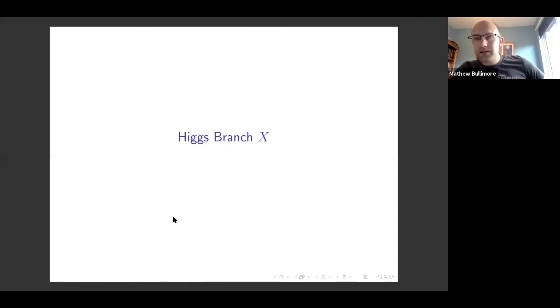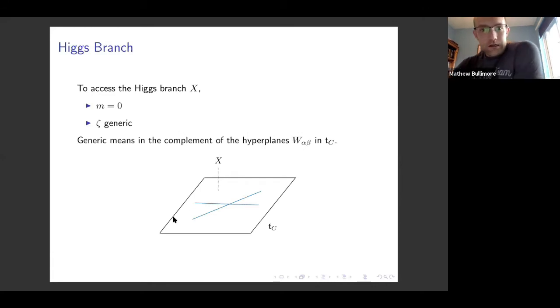Okay, so I'm going to discuss the moduli spaces in turn. So I'm going to begin with the easy one, which is the Higgs branch. Okay, so when do we have a Higgs branch? Well, to get that, we need to set the mass parameters to 0, and we take the Fi parameter zeta to be generic.